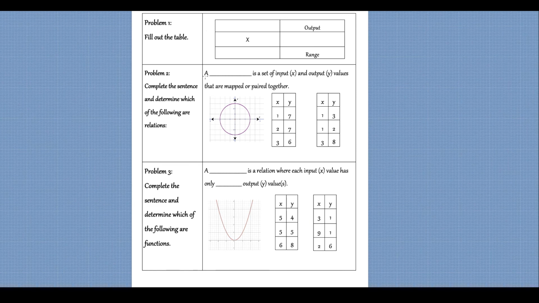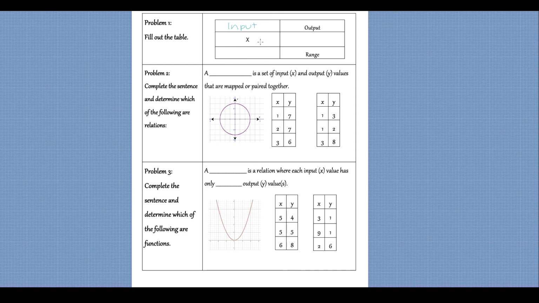So right here, problem number 1, fill out the table. And so what we had said before is that we have the input and we have the output. We said the input corresponds to the x value of a coordinate pair.